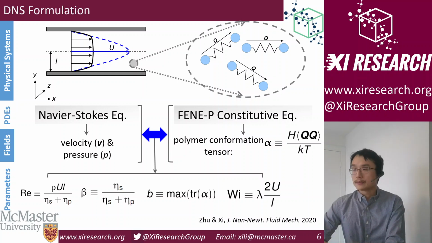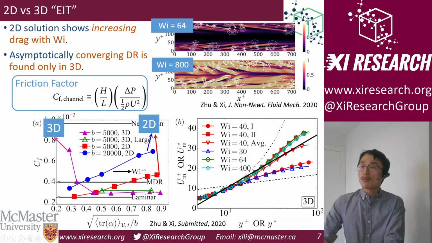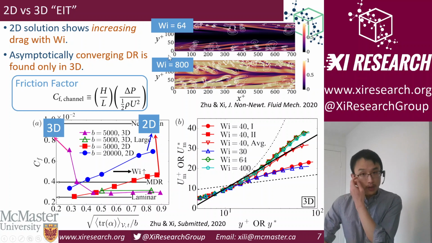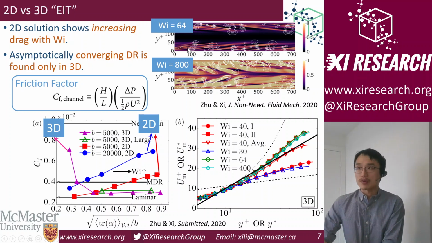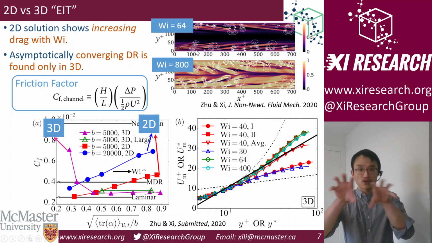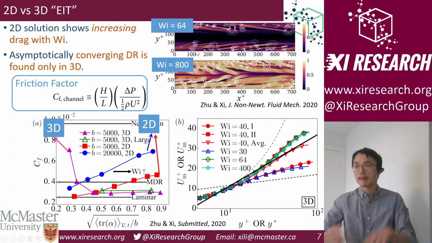First of all, we capture the 2D EIT using our code, as a few previous groups have done before, and we capture the characteristic structures of EIT, including the Y structures, the span-wise rows, and span-wise vortices we have talked about before.